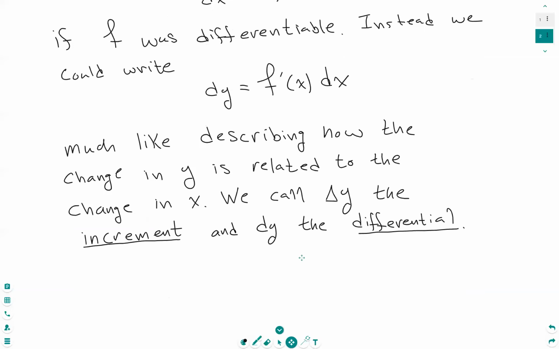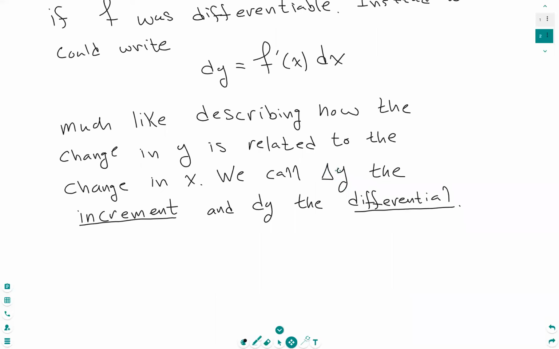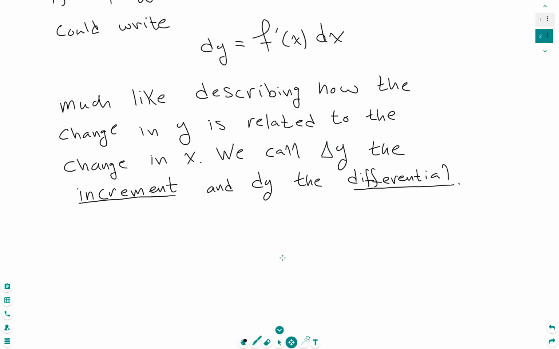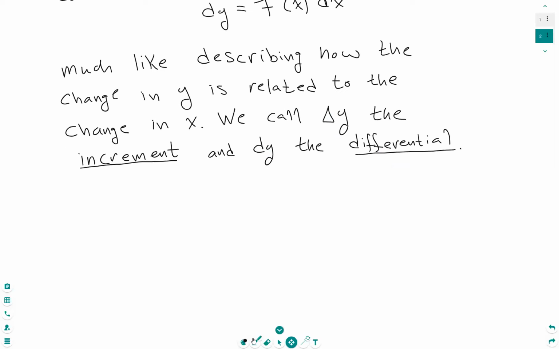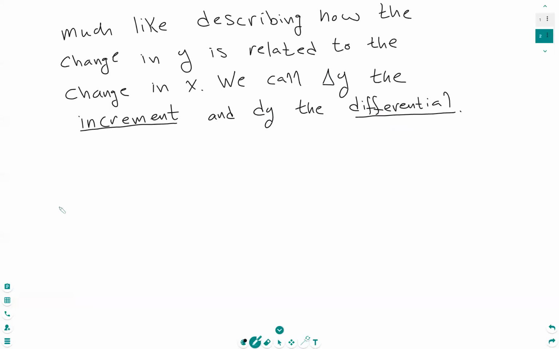So the difference is that the change in y, this delta y, is a finite difference, whereas the differential dy is some infinitesimally small change in y. So now we're in R3.